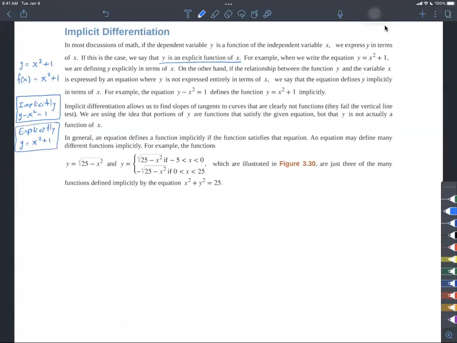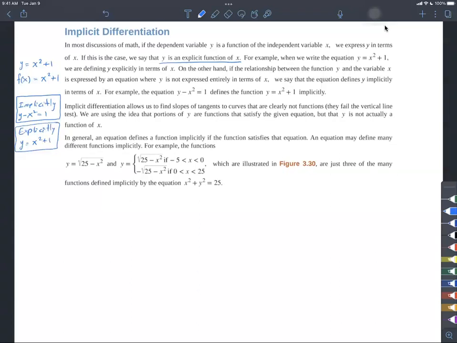Implicit differentiation allows us to find slopes of tangents to curves that are not clearly functions, or that are clearly not functions. They fail the vertical line test. We are using the idea that portions of y are functions that satisfy the given equation, but that y is not actually a function of x. In general, an equation defines a function implicitly if the function satisfies that equation. An equation may define many different functions implicitly.